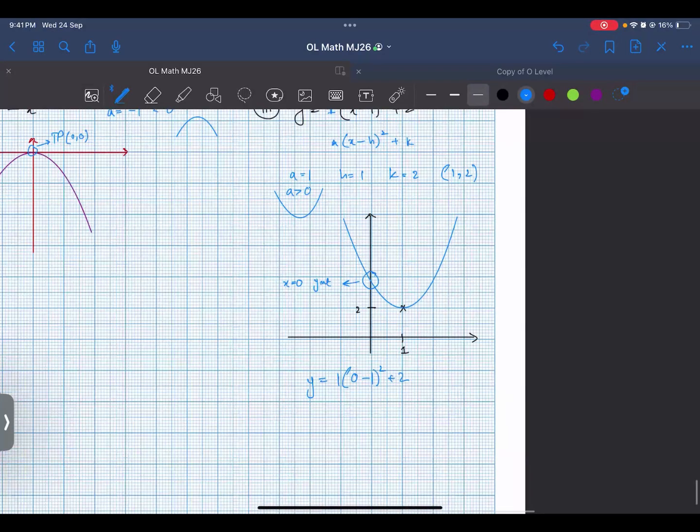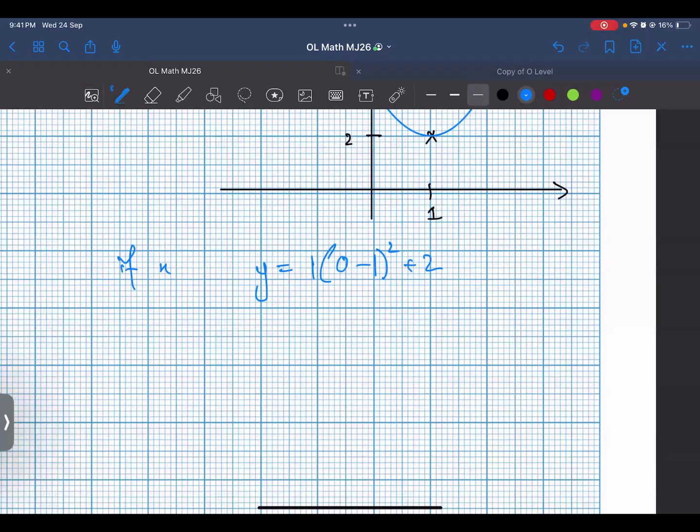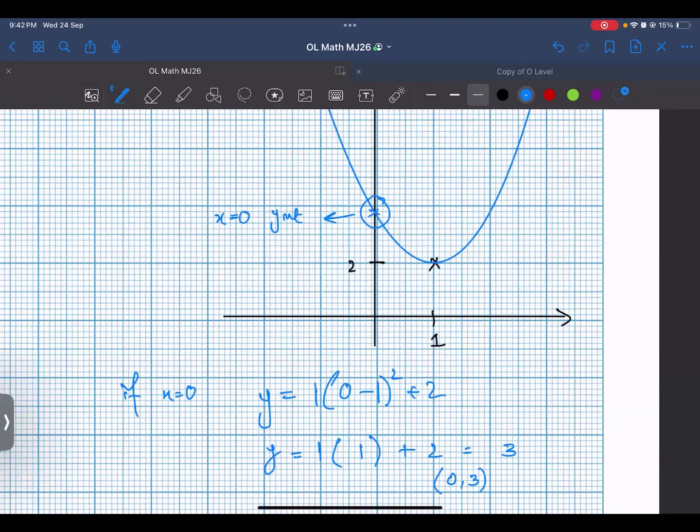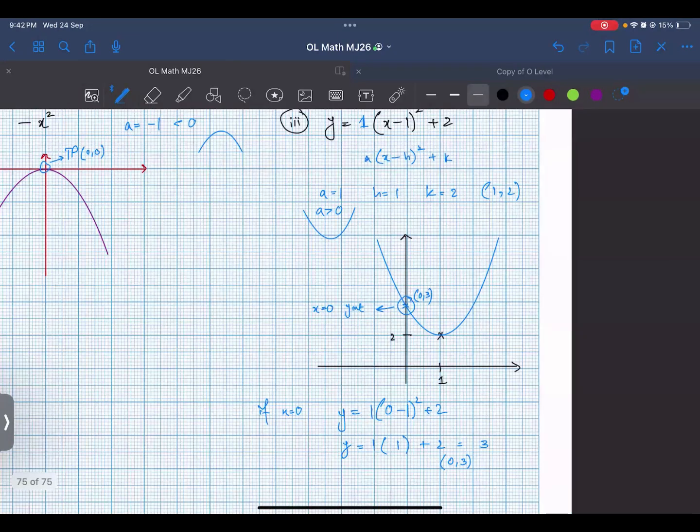Minus 1 squared will be 1, and plus 2. So 1 times 1 is 1, 1 plus 2 is 3. So y is equal to 3. Now you know this is crossing at 0, 3, the point where it is crossing the y-axis. So this is how you sketch a quadratic graph.